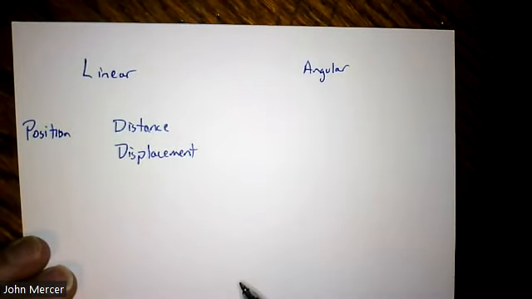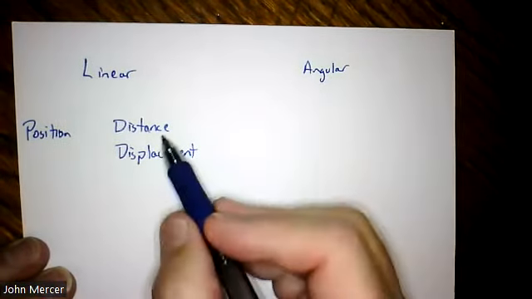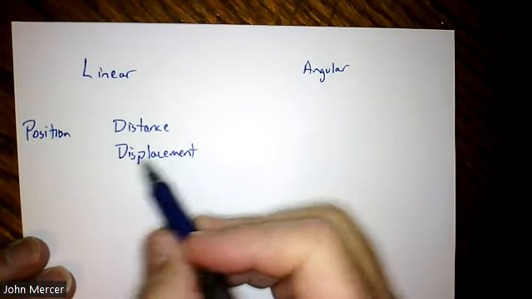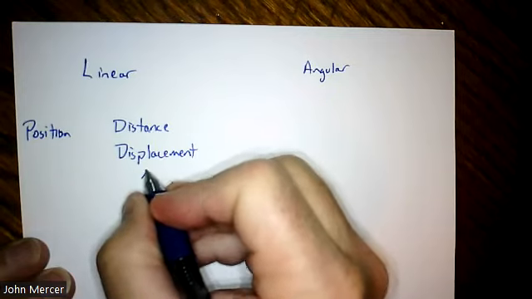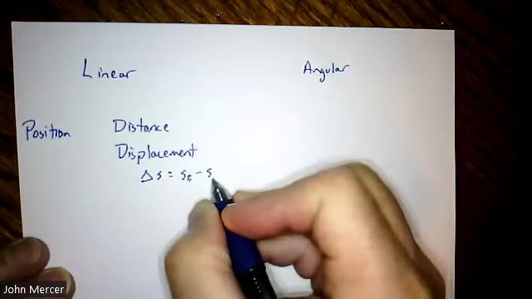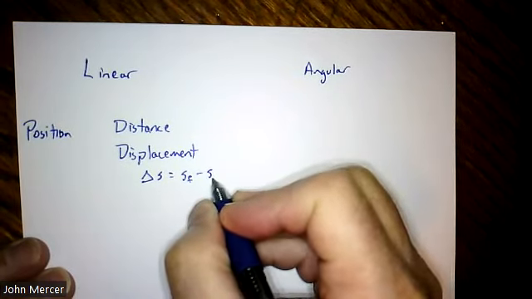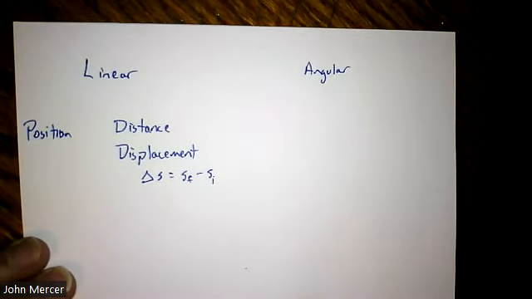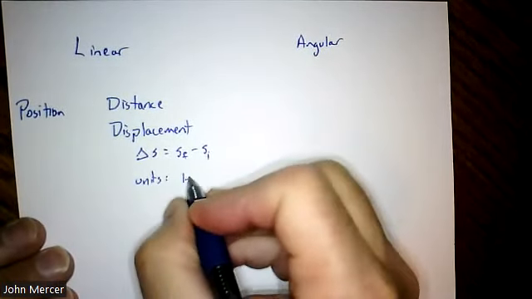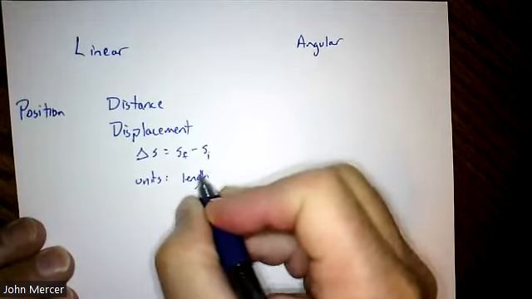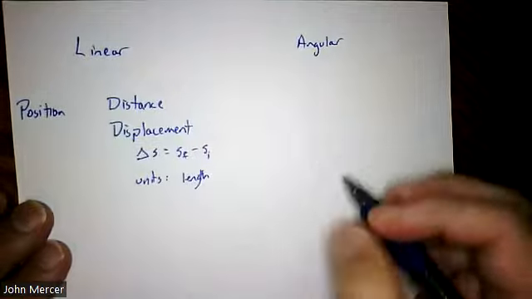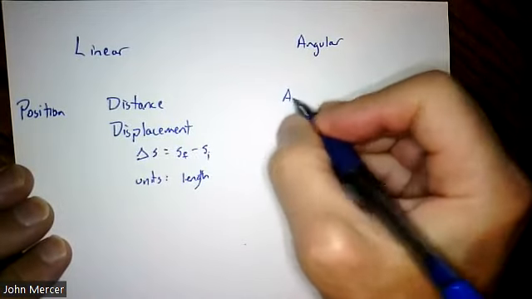Distance is total change in position, a scalar, and the units are any units of length. Displacement is the straight line distance between two points, and we use the equation delta S equals SF, final position, minus SI, initial position. Units are length: meters, yards, what have you. Displacement is a vector, distance is a scalar.